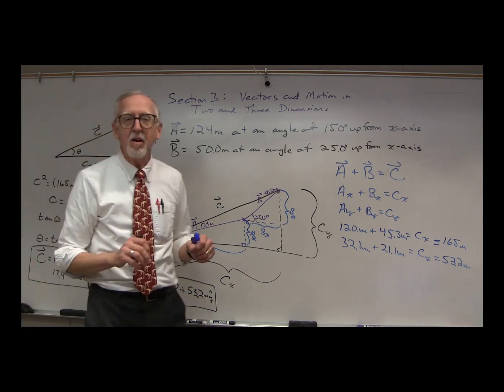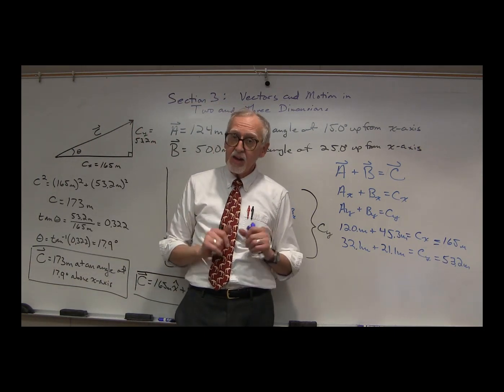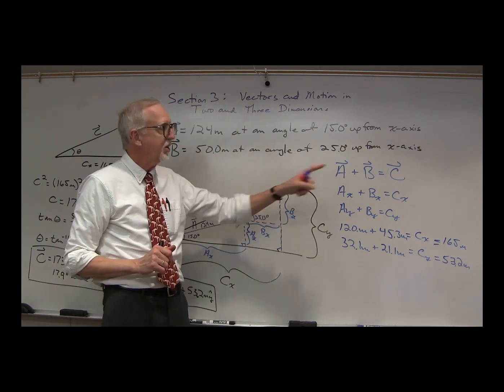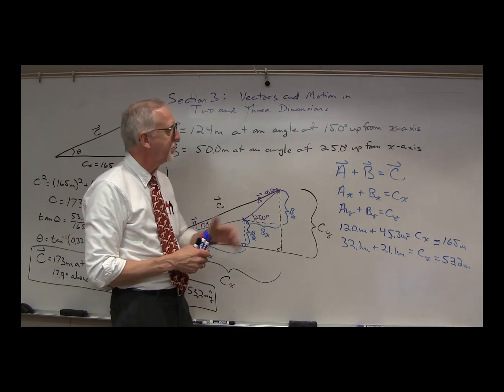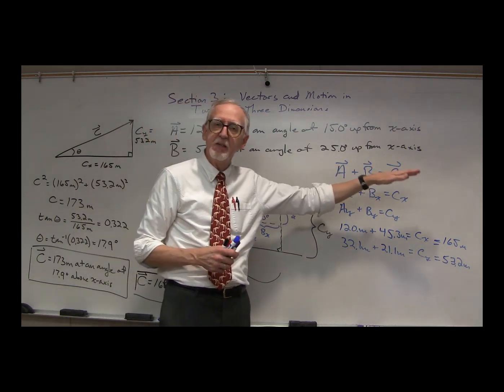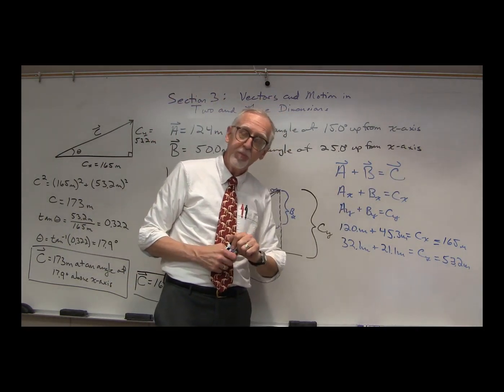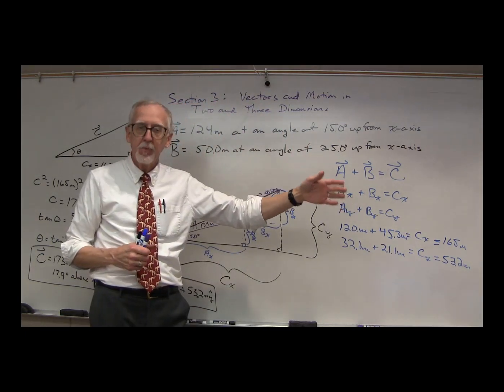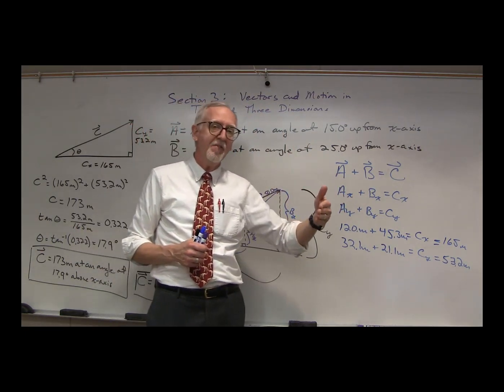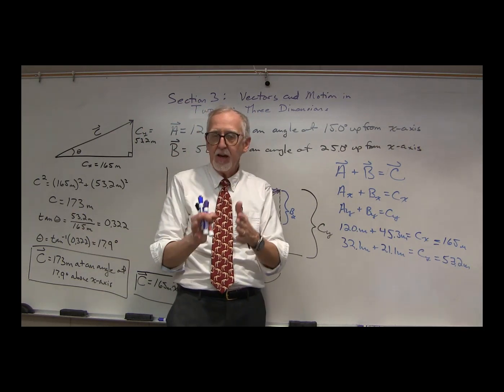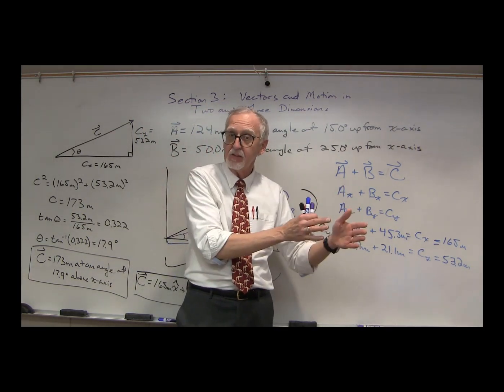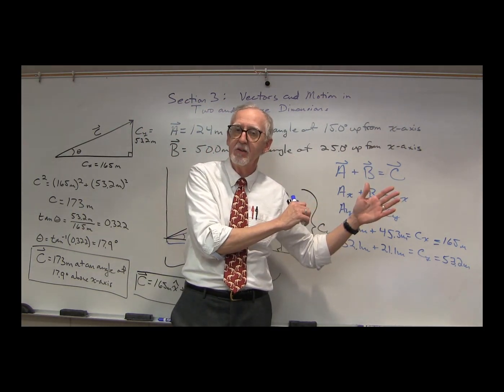Great. We have a very, very general way of adding vectors. And again, we could have more than just two. This could be A plus B plus C plus D plus E, whatever, equals F. The x component of F would be AX plus BX plus CX plus DX plus EX, added as many as we have.